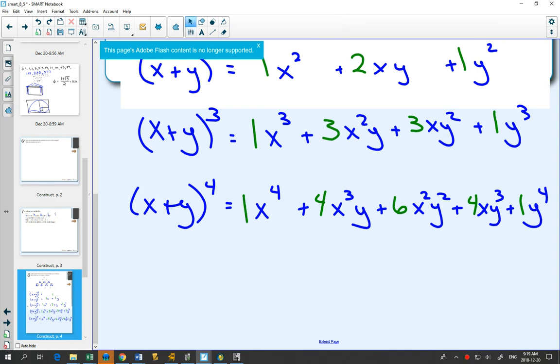So I hope my color coding has helped you see something. The coefficients are just from Pascal's triangle. The variables, can you see that you start with x to the 4, and then you have 1 less, x cubed, and then x squared, then x, and then no x's?